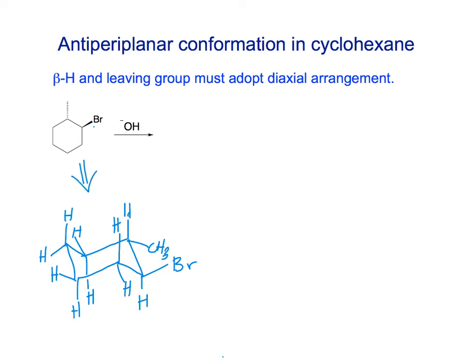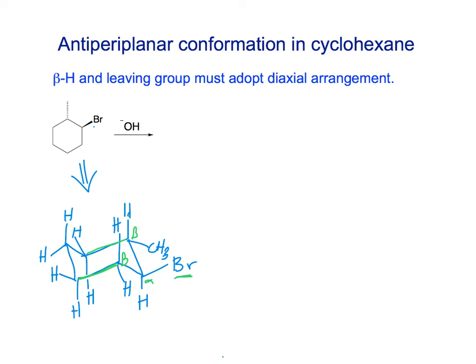So here's our leaving group. Can there be a hydrogen anti-periplanar to it? So here's the alpha position, here's a beta position, and here's a beta position. So when the bromine is in an equatorial position, the bonds that are anti-periplanar to it happen to be these bonds that are in the ring.